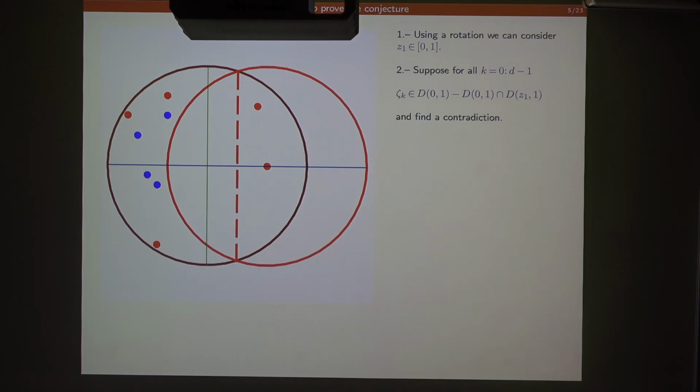You can make a rotation, and with a specific rotation, the roots of the polynomial lie in the unit disk, and the derivative's roots lie also in the unit disk. It's a simplification to prove the conjecture.